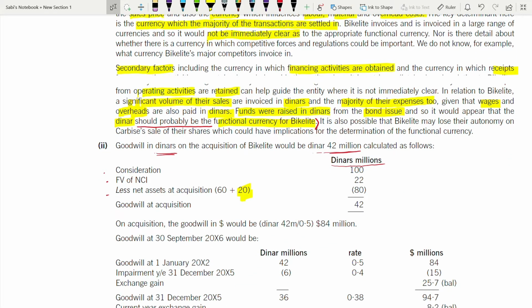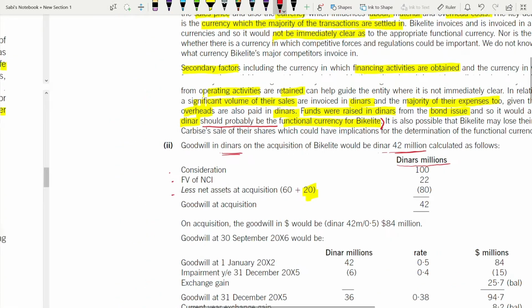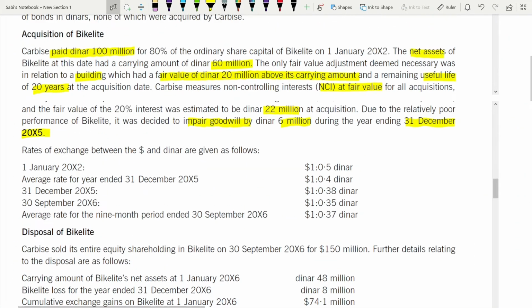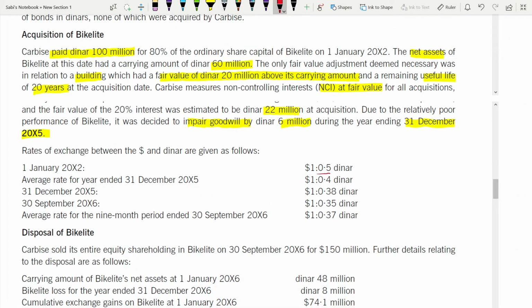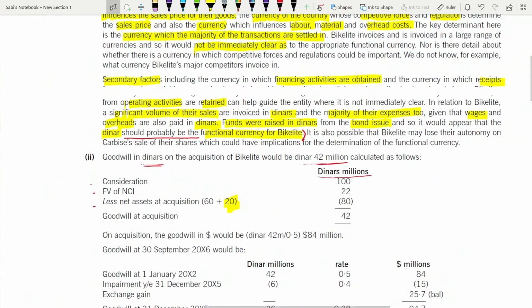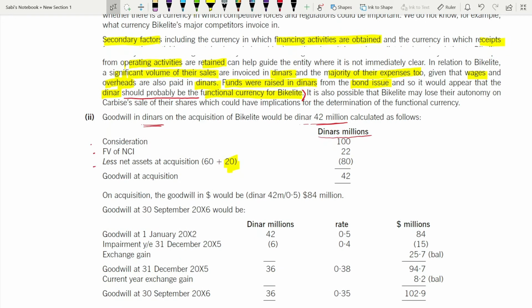So on acquisition, the goodwill in dollar would be 42 divided by 0.5, because the rate on 1st of January 2002 is this, and acquisition is also on that date. So opening will be 0.5. That is 84 million in dollar, but in dinar it is 42 million.